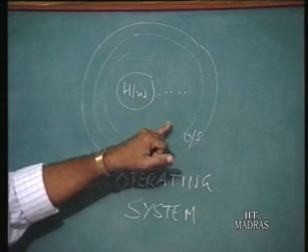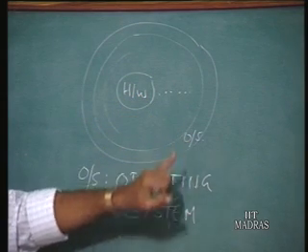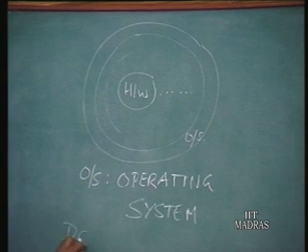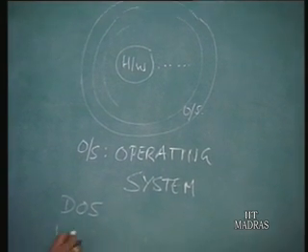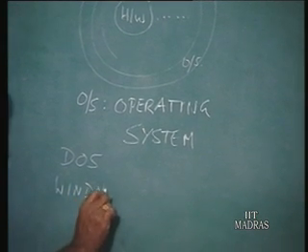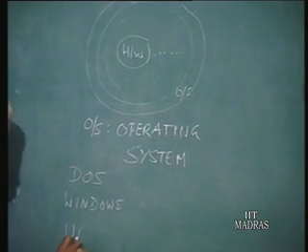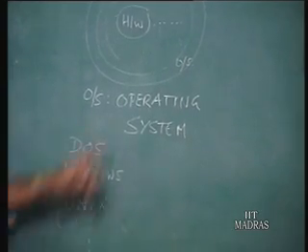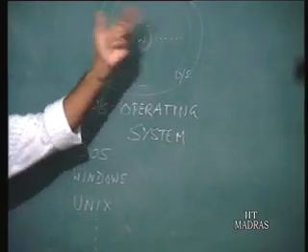Now, layers and layers of software can be added, and you can have, for instance, a DOS operating system, or maybe a Windows operating system, or you might have a Unix operating system or whatever it may be, and the core of the entire thing may be just the same.